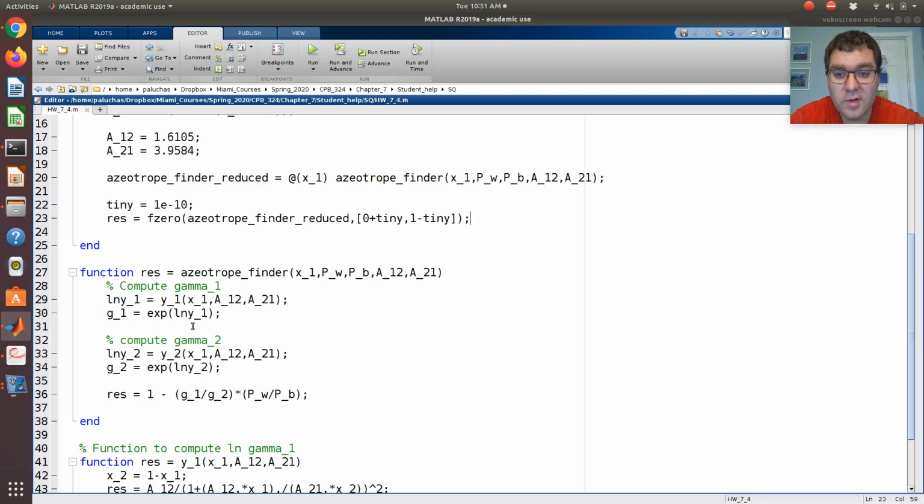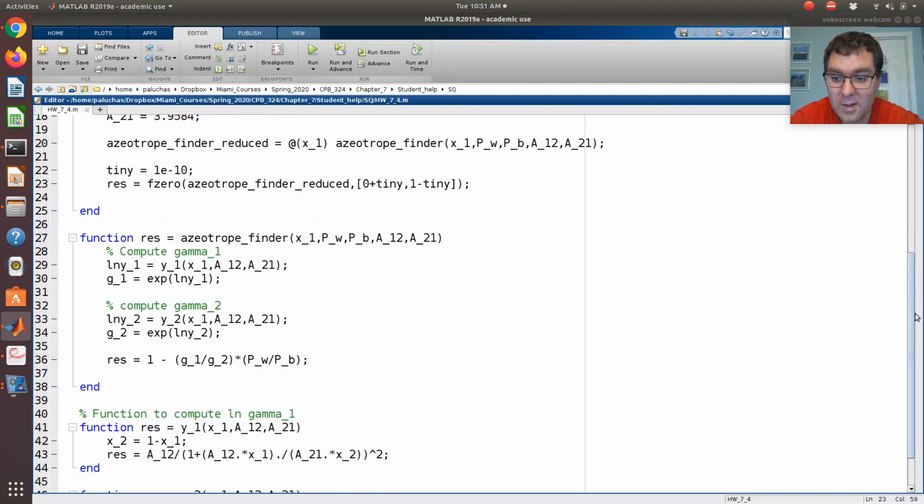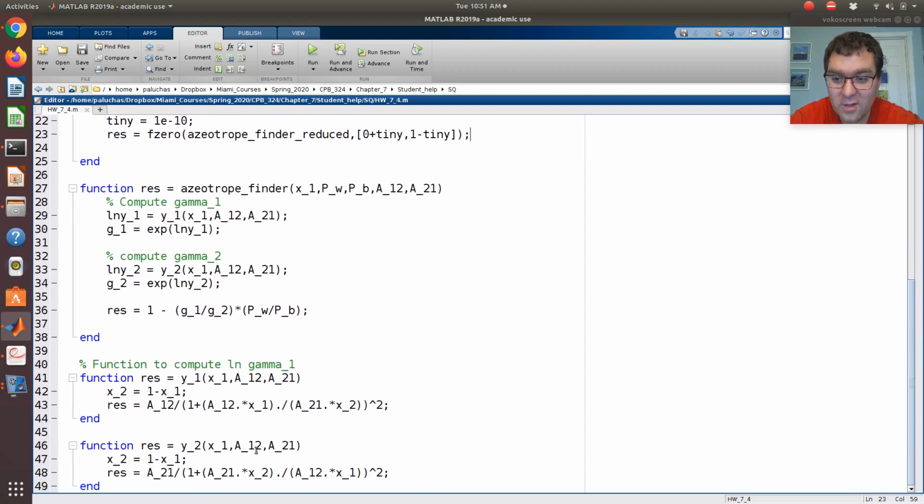Every time fzero guesses a new value of x, well then I have x, so I can directly calculate gamma. And so what I did is, you had these nice functions to calculate log gamma 1 and log gamma 2, and I like this because these equations can get very big and ugly fast. And so calculate gamma 1 and gamma 2, right?